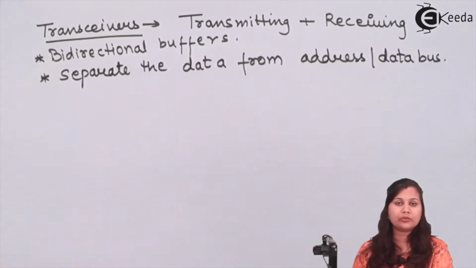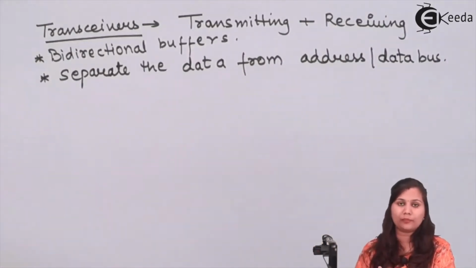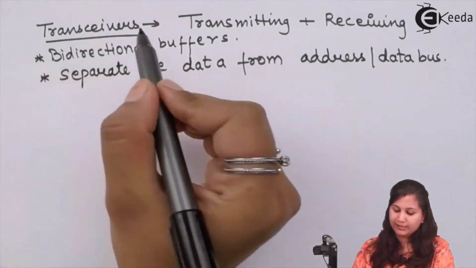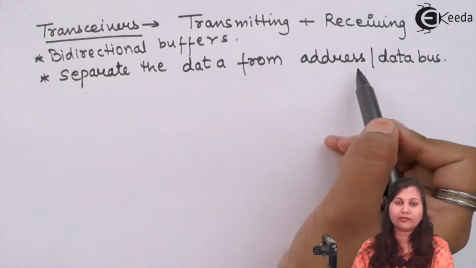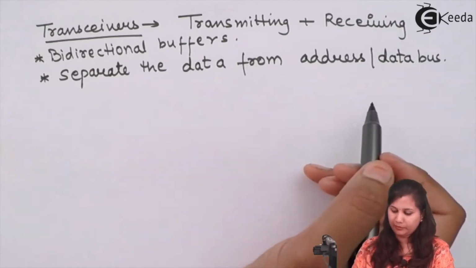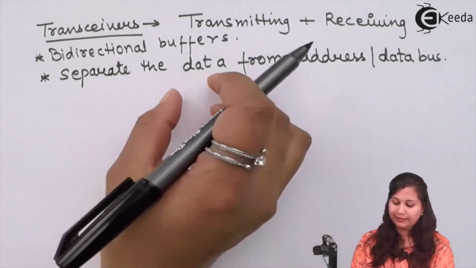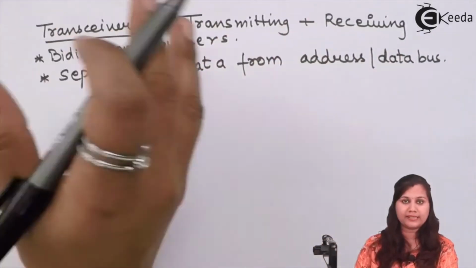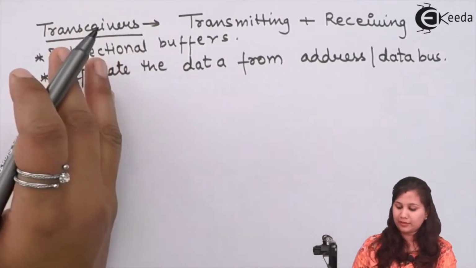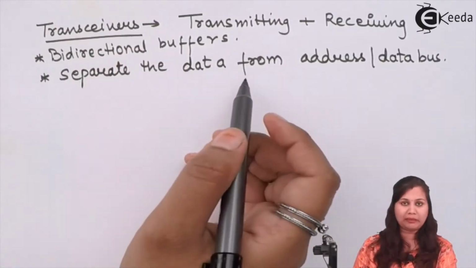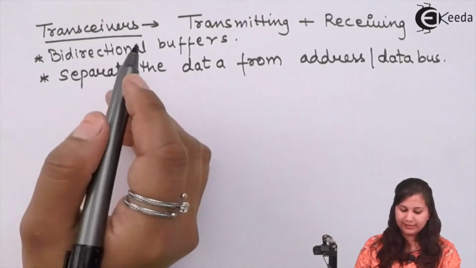So latches are used to separate the address from the address data bus, and transceivers are used to separate the data from the address and data bus. Because that data will be transmitted or received by the microprocessor. So data has to be separated, and that is done by the transceivers.